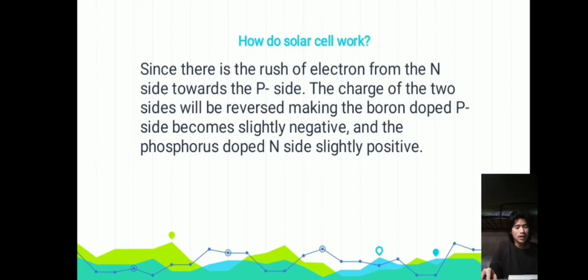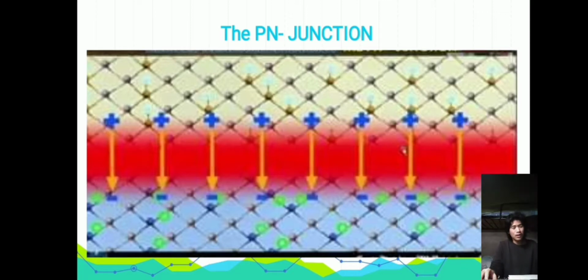So, ito nga mangyayari dahil nga yung N-type natin, yung N-side natin, or yung upper side natin, dahil nga there is the rush of electron from the N side towards the P. So, dahil nga may hole sa baba or sa P side natin is may hole, then sa taas naman or sa N side natin is may sobrang electrons.